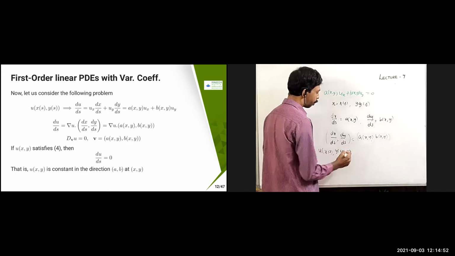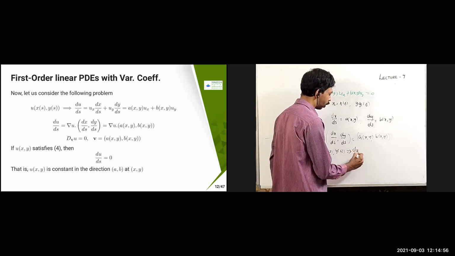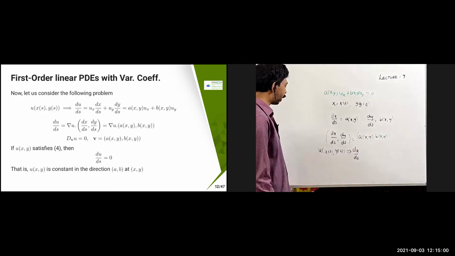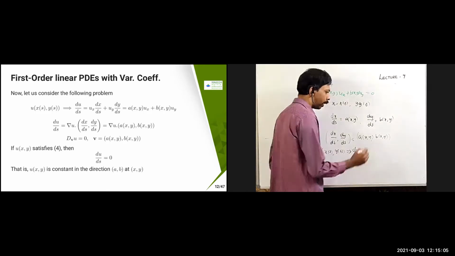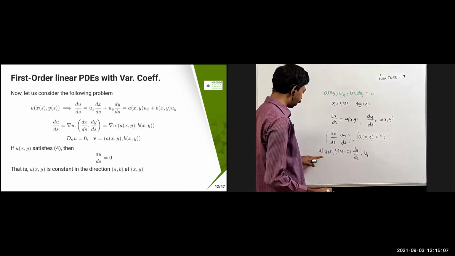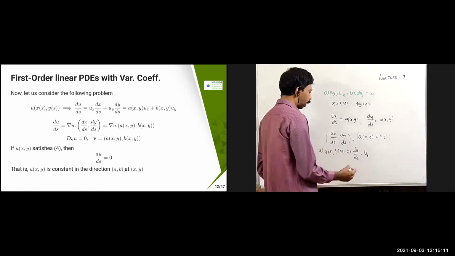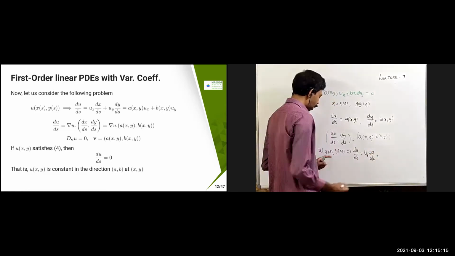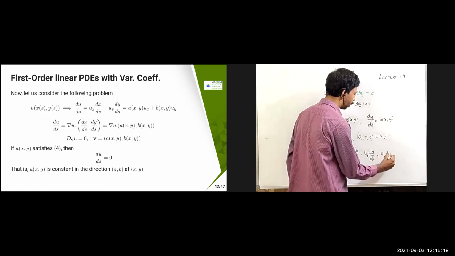Then this is going to imply I'm going to find the total derivative of this one, du/ds, with respect to s. So if I want to find du/ds, this is going to become u_x, because I have to differentiate with respect to x using the chain rule, and then I will be having dx/ds, plus I'm having the y variable, so u_y into dy/ds is going to come.